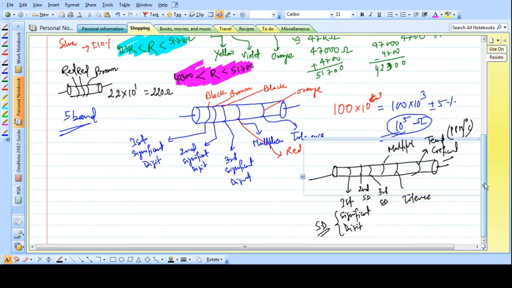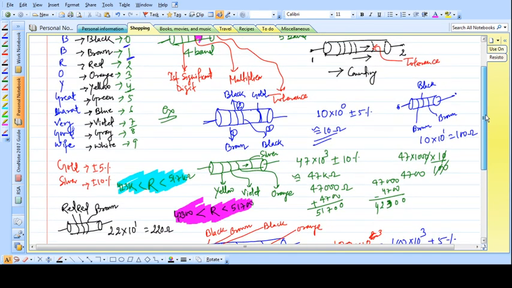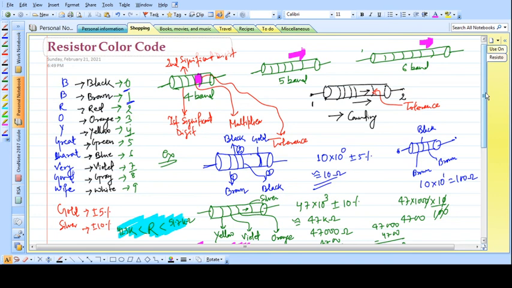I hope you understand the concept behind it, and you can try any resistance value and write its value by just remembering this: the first is the first significant digit, the second is the second significant digit, if 4-band is there the third one will be the multiplier, the fourth one is the tolerance, and so on. It is very simple.